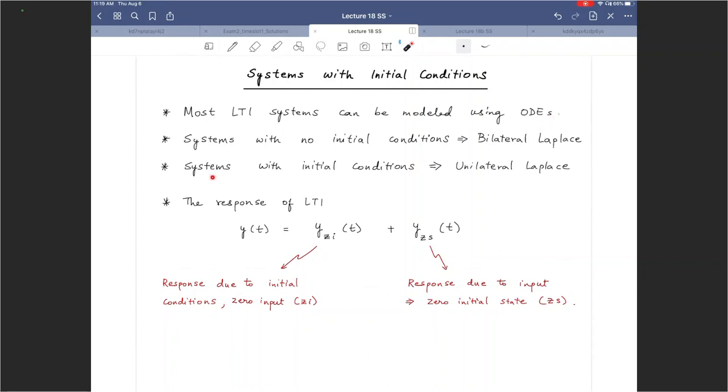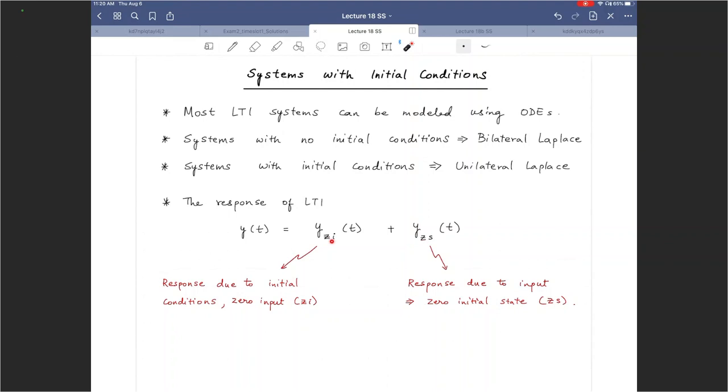But for systems with initial conditions, we need to evaluate the unilateral Laplace transform of the ordinary differential equations. So the response of LTI systems in the general case where there are initial conditions is a combination, an addition, of two separate responses, y sub zi of t plus y sub zs of t.